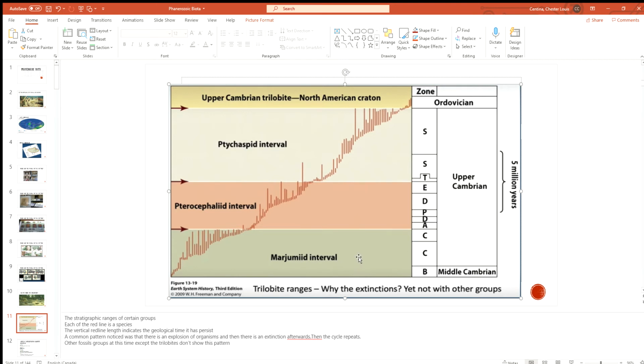As I look at my notes, a common pattern noticed was that there is an explosion of organisms and then an extinction afterwards. So a big explosion and then an extinction, and then it picks up again, and then it crosses over and becomes extinct. That is a common trend. Other fossil groups at this time, except the trilobites, did not show this pattern. This is what I have interpreted from the lecture slides.